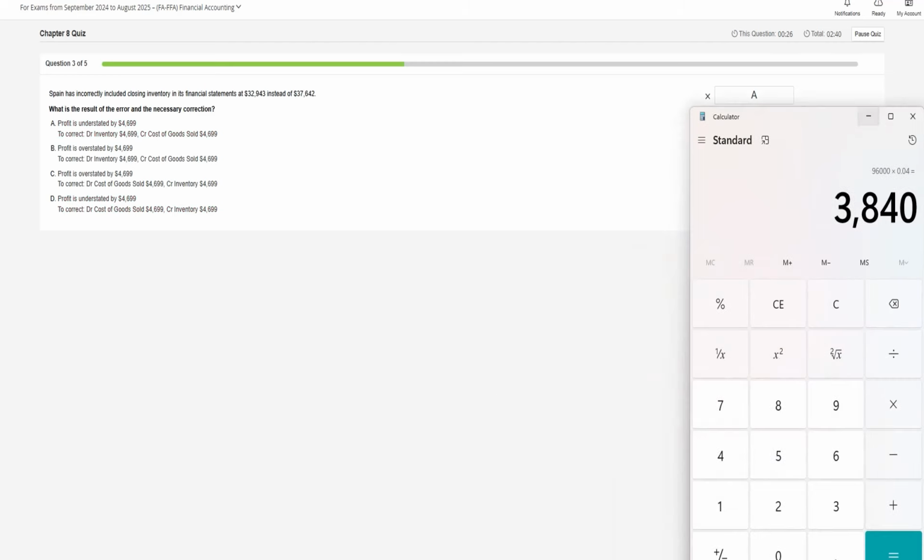So what is the difference? 37,642 minus 32,943. Sorry, the difference is 4,699. So that means inventory has been recorded lower, so understated previously, right?